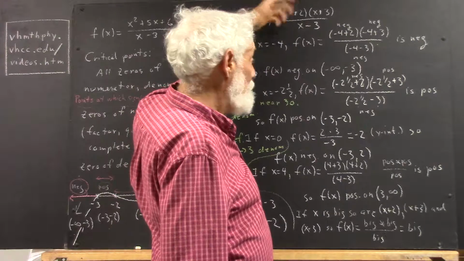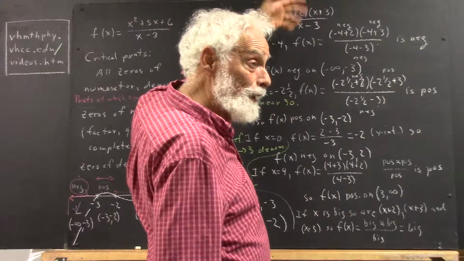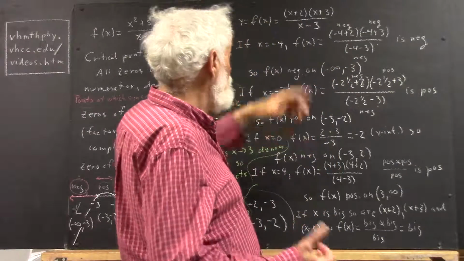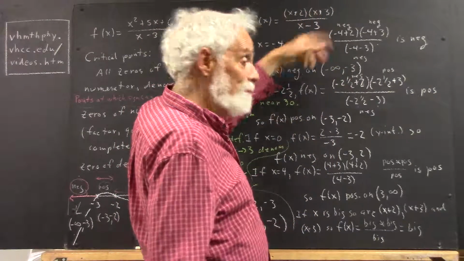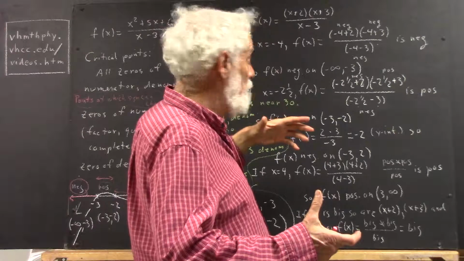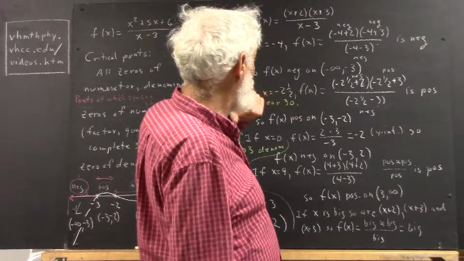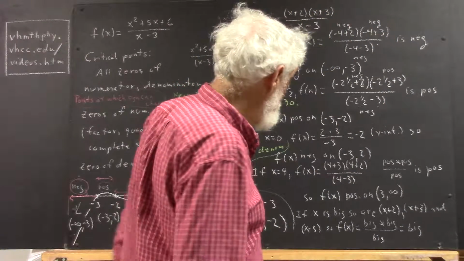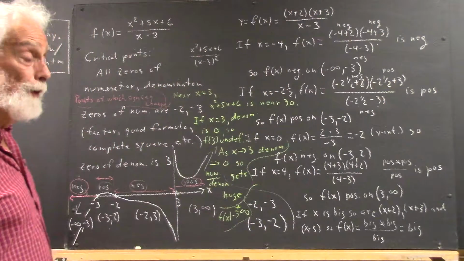Because x is a lot bigger in size than 2 or 3 or negative 3. So no matter what numbers you have here, x is big enough that it makes every factor negative. So you still have negative times negative over negative. Still negative. And you don't have to even put numbers in.